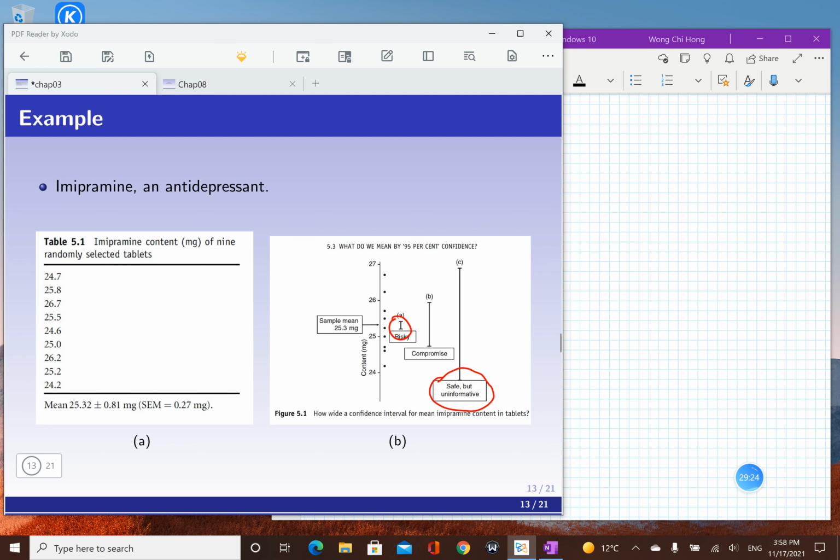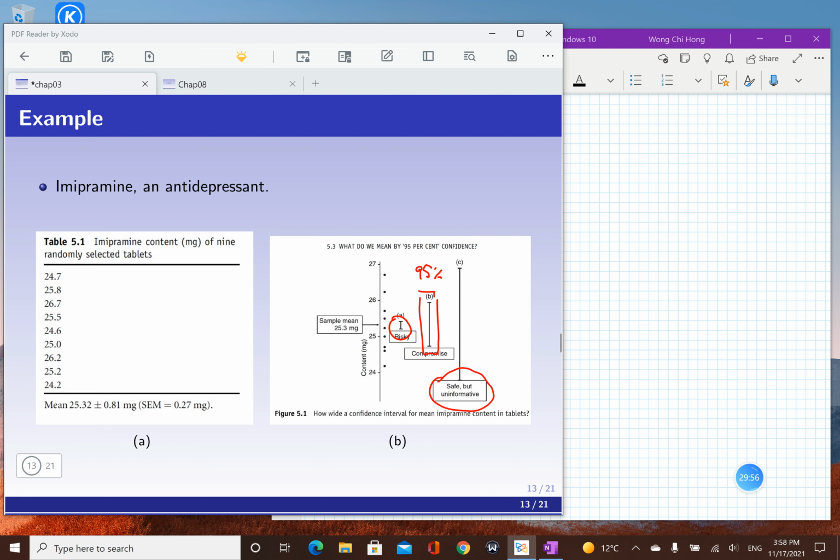So to have a compromise of the two, we normally take 95%. Saying that we're 95% confident that the true mean value should fall within here. We could say 99%, we just have a larger range.